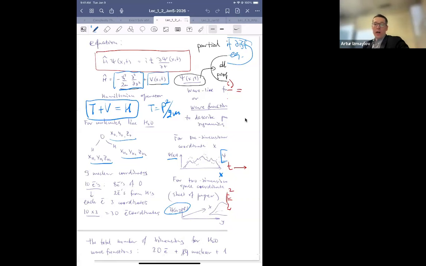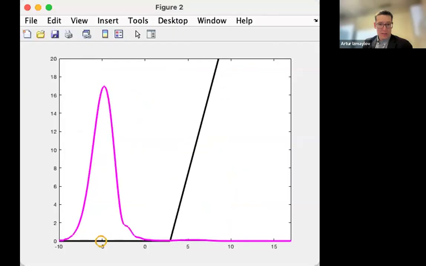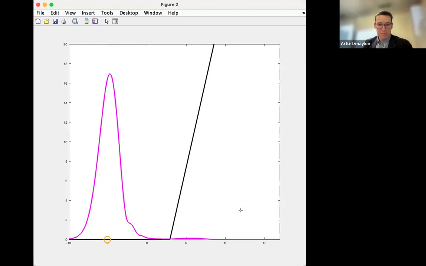Now, I would like to illustrate this concept of the wave function and solution of the Schrödinger equation by example. It's a simulation done on a computer, and it shows how a classical particle behaves versus a quantum particle.